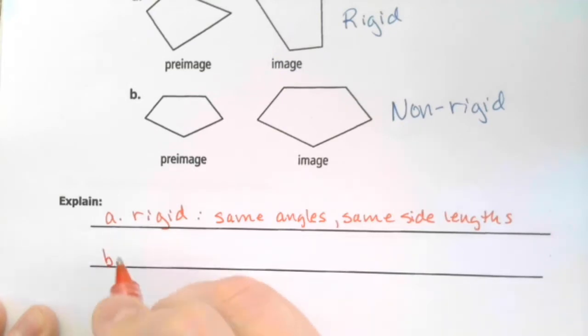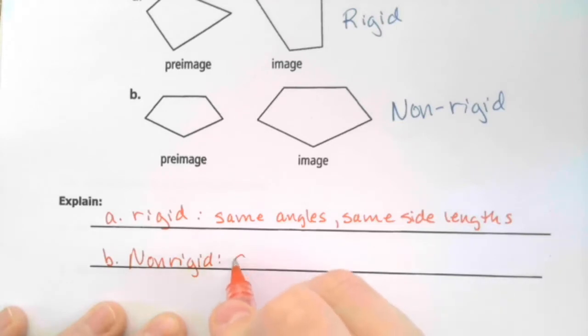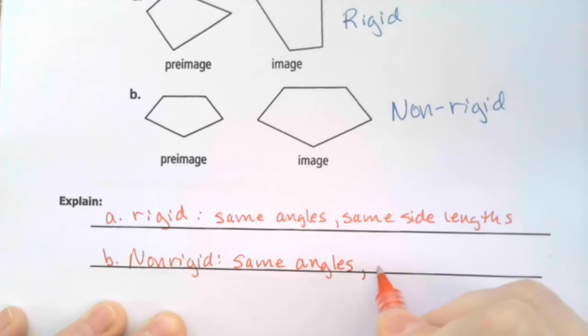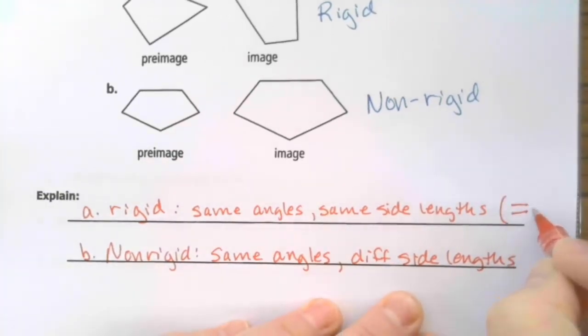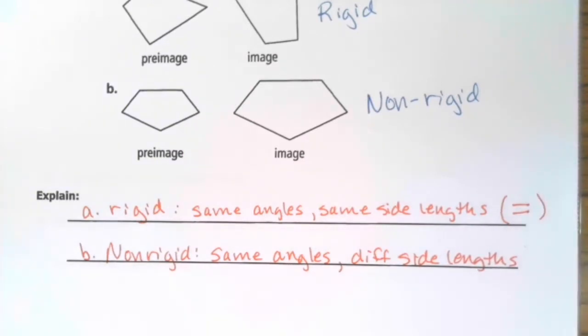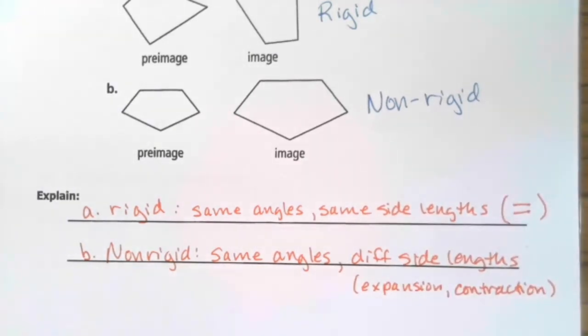So the second shape was non-rigid, which means the same angles but different side lengths. So you might say that in a rigid transformation, the two figures are exactly alike. They might be moved, but they're exactly alike. In a non-rigid, it's an expansion or a contraction of the original shape, but it still looks like the original shape.